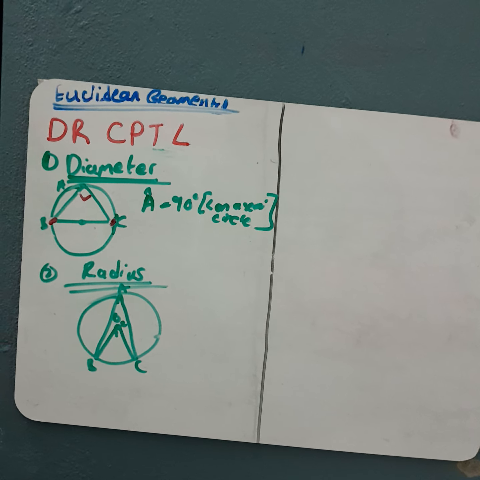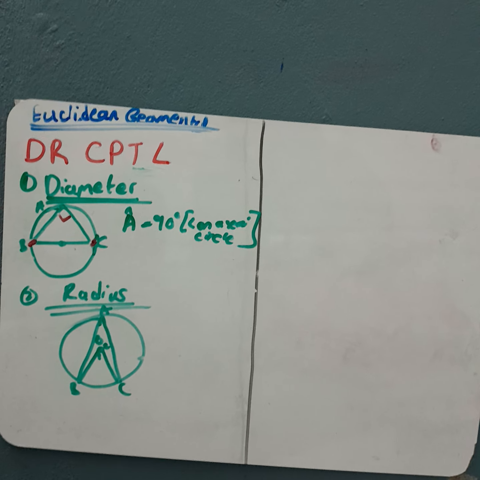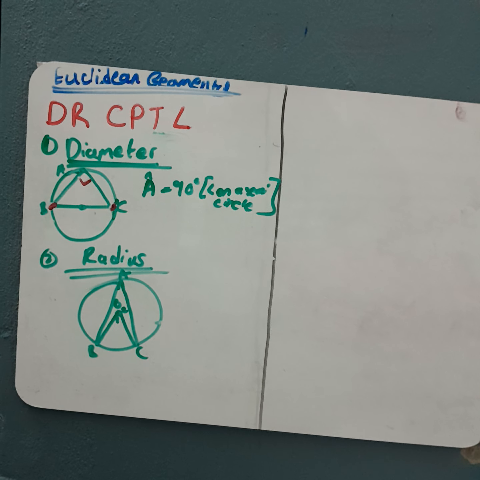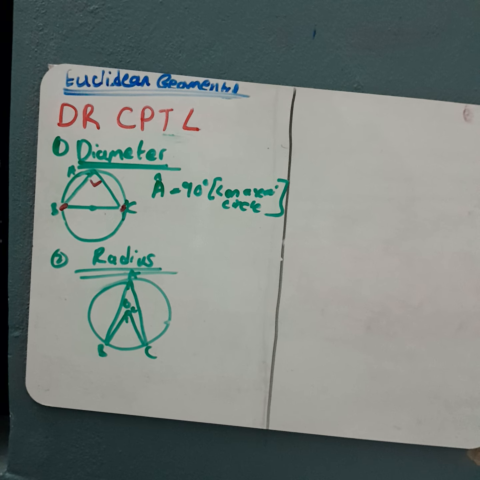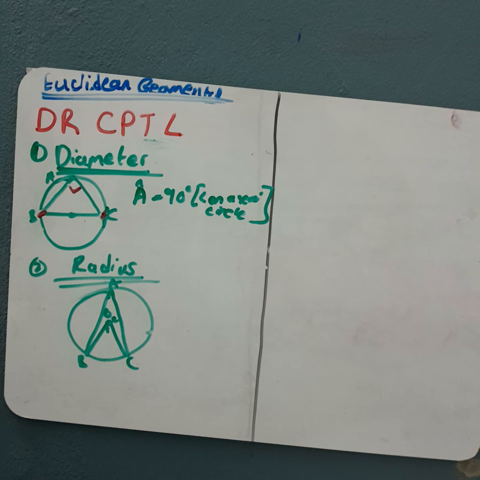For this one, we know that a radius is a line from the center to the circumference. It's basically half of a diameter. So that's a radius. All the radii are the same.